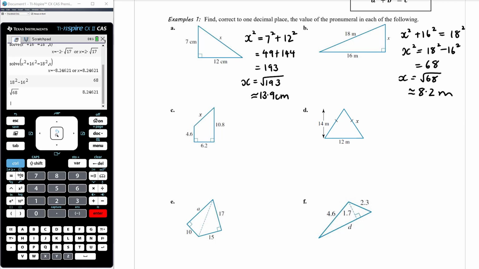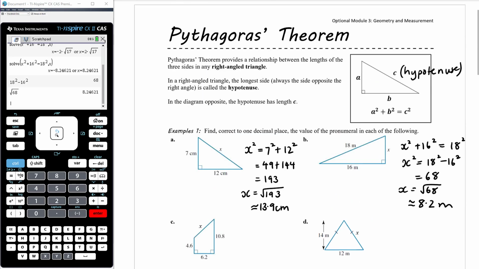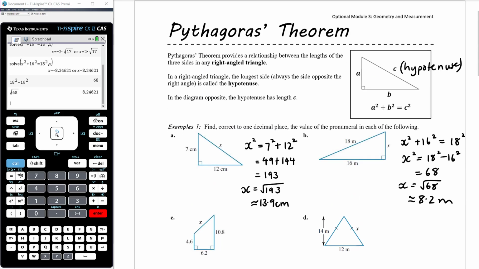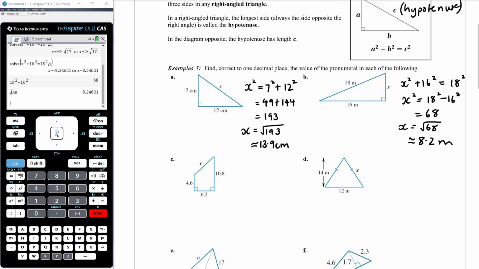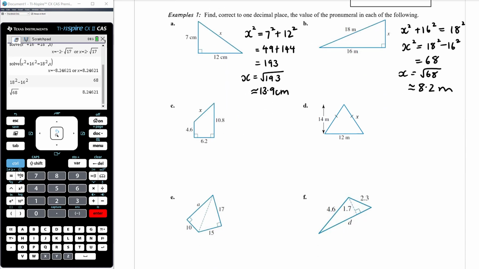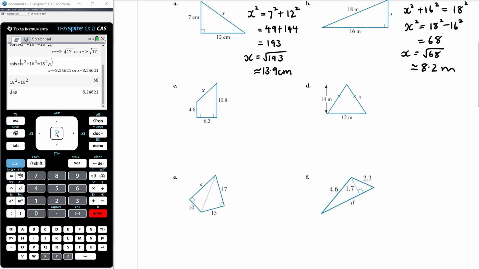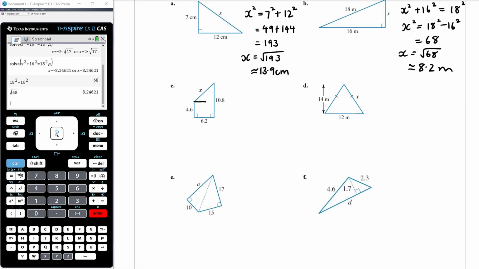Alright, part C. The key thing, if you want to use Pythagoras' theorem, is you need right-angled triangles. If you don't have a right-angled triangle, you've got to look for where you could create one, or where there is one if you just add in an extra line. So if I were to draw a line horizontally across here so that that's a right angle, then I have a right-angled triangle here.